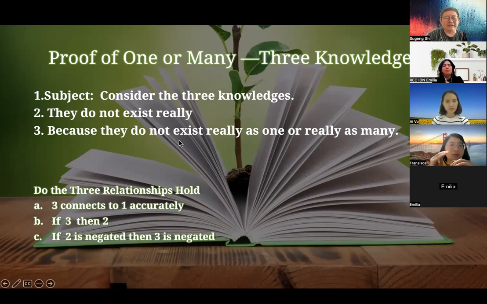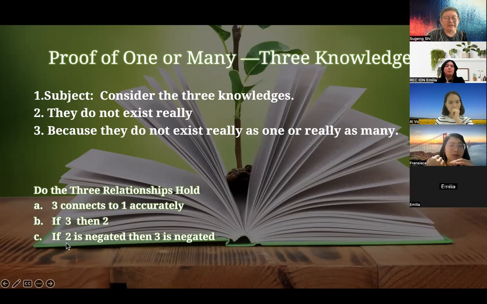But this example is optional and we can eliminate it. And then we need to do the 3 relationships, which we call the 3 checkpoints. The first checkpoint is whether 3 is connected to 1 accurately, whether 3 is related to 1. And the second checkpoint is, if 3 is correct, then 2 must be correct.